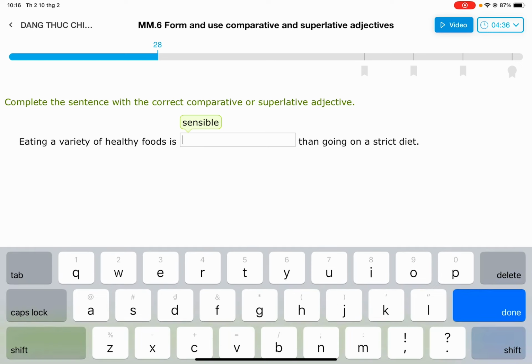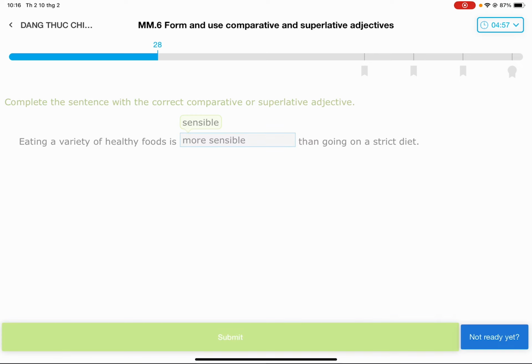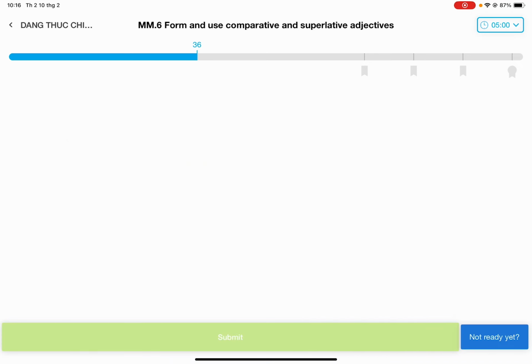Eating a variety of healthy food is more sensible than going on a strict diet. So you just eat a variety of healthy food would be more sensible than going on a strict diet, but then you can't eat something, and it might be something, but if you eat healthy food, it would be better.